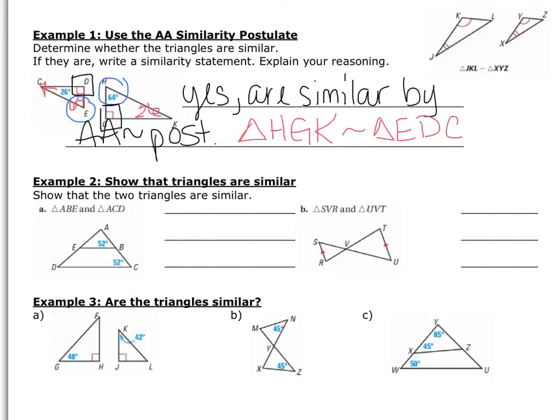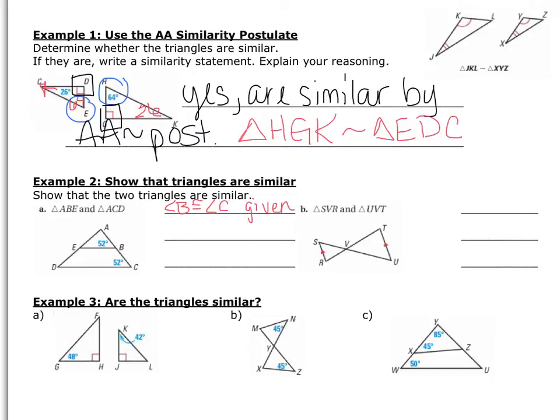Example 2, show that the triangles are similar. If we know they're similar, how do we know they're similar? It's by angle-angle similarity. It is given to you that angle B is congruent to angle C. That was given. Now, what is helpful if you have triangles that are overlapping is you need to redraw them separately.